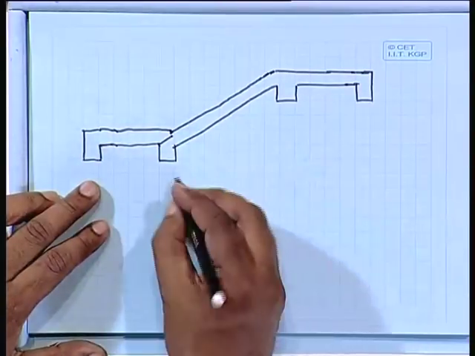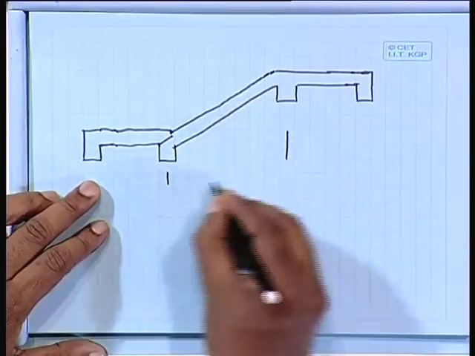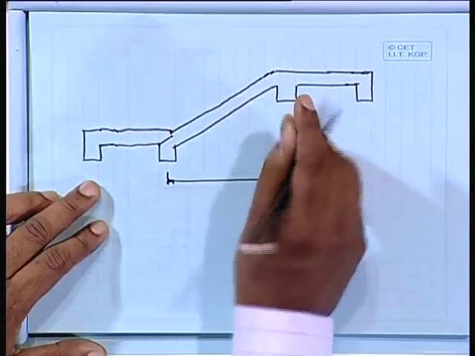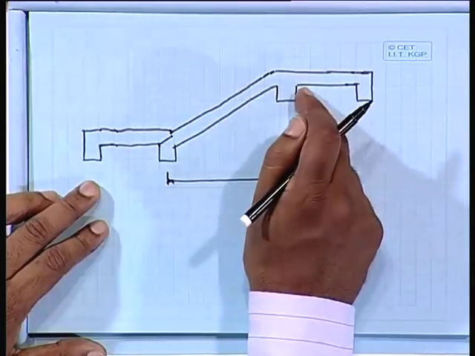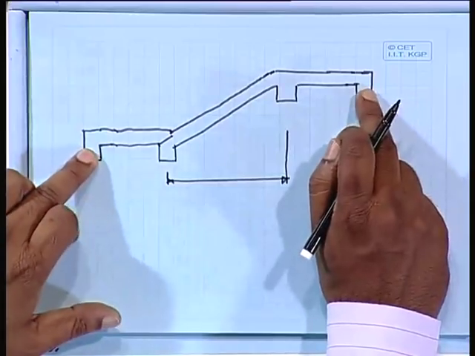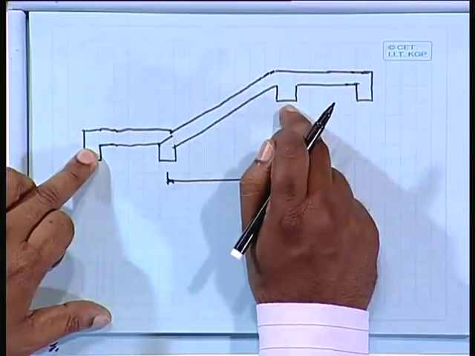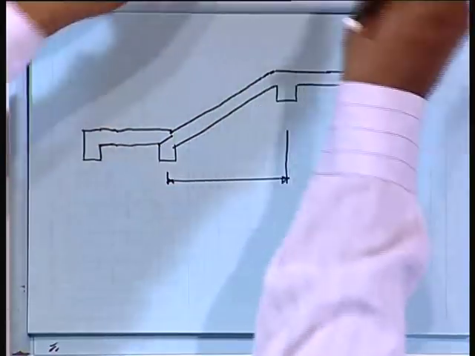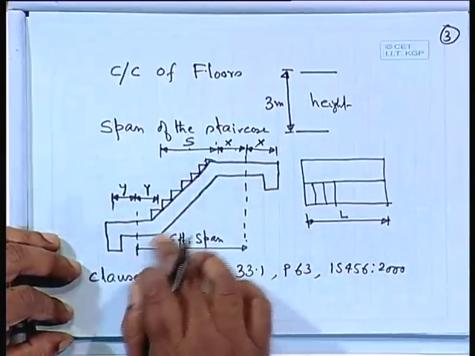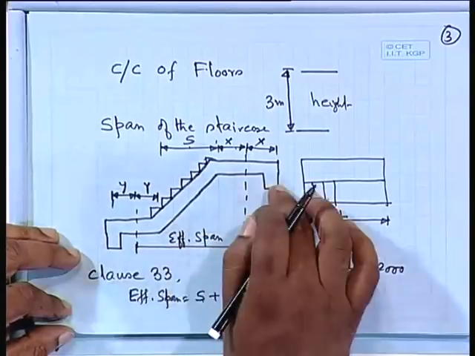In this case, what will happen? The effective span here, because we do not have any such thing, is only the center to center distance, because it is supported by these two beams. The first one we have shown is supported here, there is no beam here. Please note, I think you remember. So this is the case where there is no support here, it is only supported on these two beams.